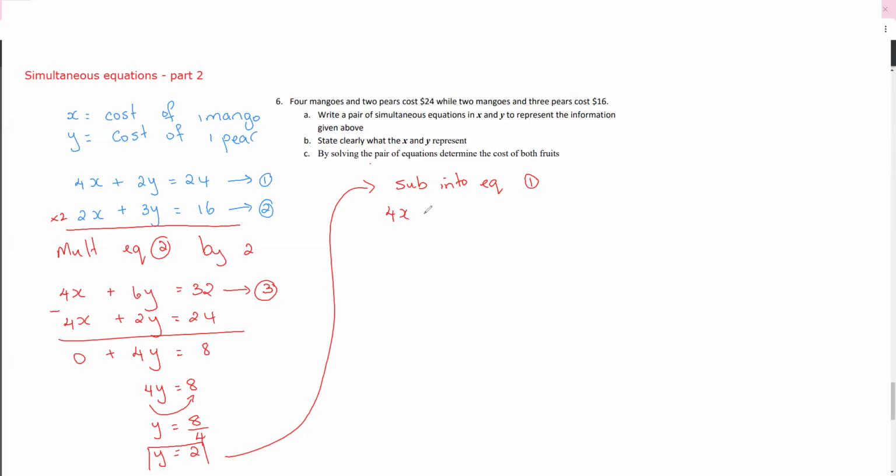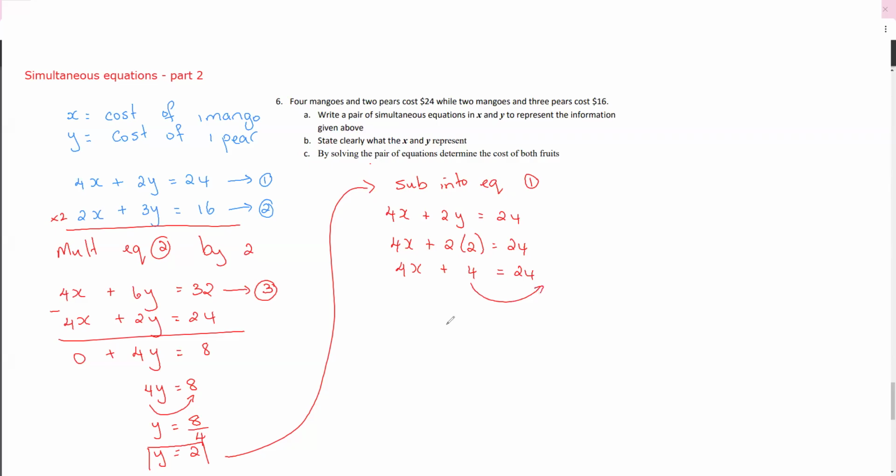So wherever we have y, we're going to replace it with 2. Right, so we're going to solve for x now. 4x plus 2 2s, that's 4, is equal to 24.